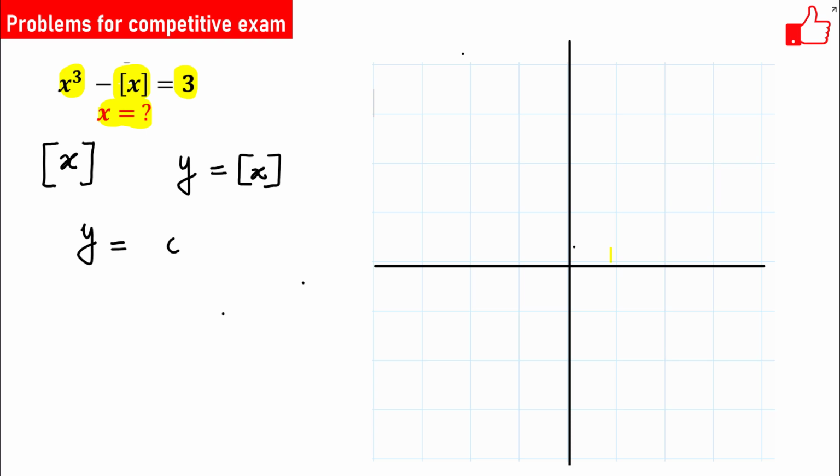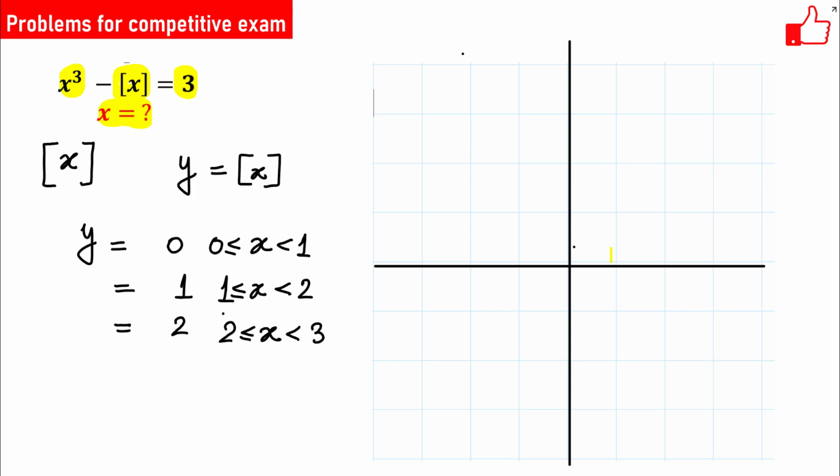y will be 0 if x lies between 0 and 1. y will be 1 if x lies between 1 and 2. And it will be 2 if x is greater than or equal to 2 but less than 3.